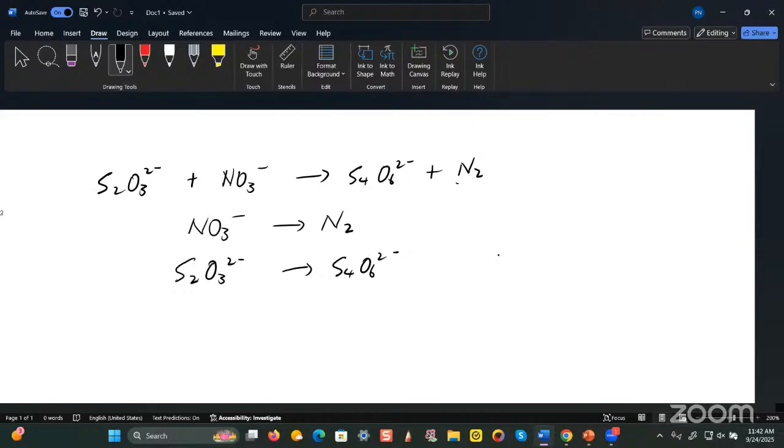Okay, so what does that mean for the first half equation? Balance N to N2. So 2NO3. Exactly, 2NO3 here. Okay, very good. What about the second half equation?